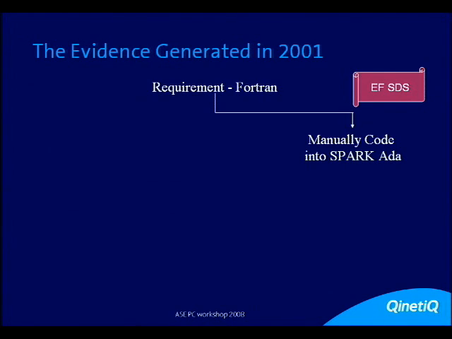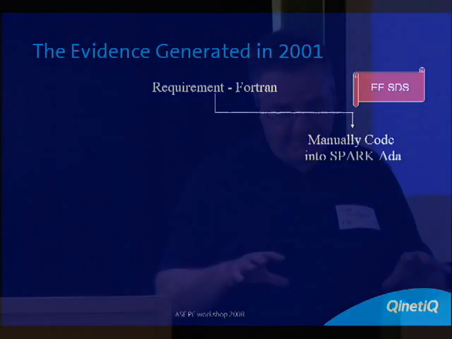So in the late 80s, the experimental data and model was expressed in Fortran, and that was the starting point, and it continued to be the thing which is maintained as the specification. And from that Fortran, you then develop code in this subset of Ada called Spark, which is then implemented on a distributed system. So the requirement is about simulation and getting the requirement right for the control system.